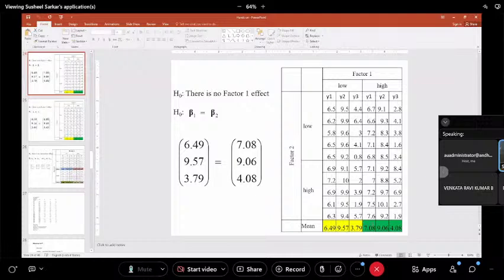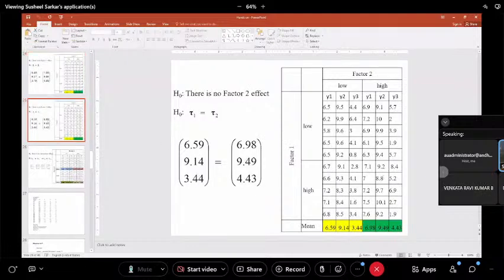So my ANOVA told with 0.0022 that these two are significantly different. Now again, for F2 we tested that, forgetting F1, the two levels of factor 2, known as low and high, are they significantly different from each other? My ANOVA with 0.03 is saying at the 5% level of significance they are significantly different.